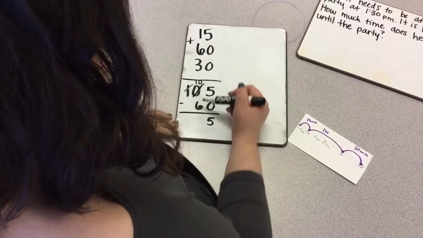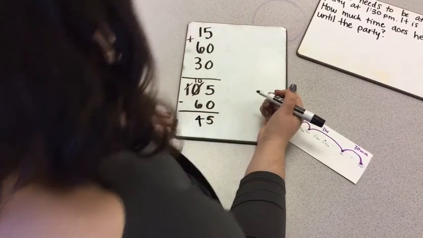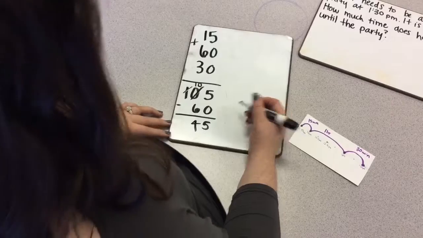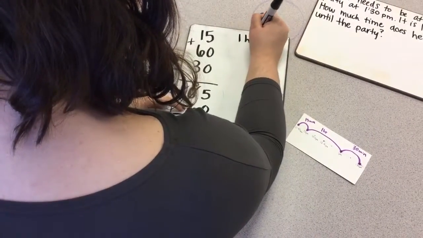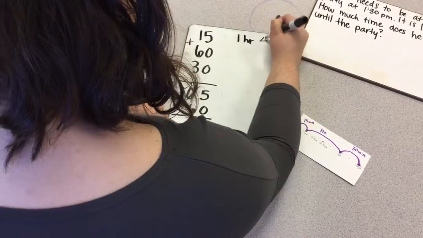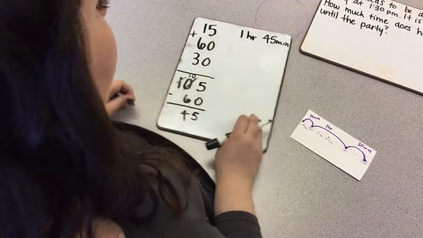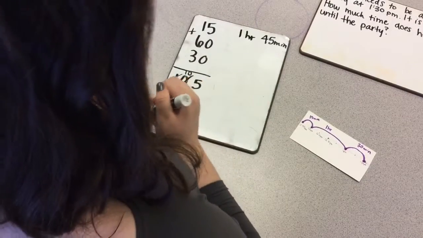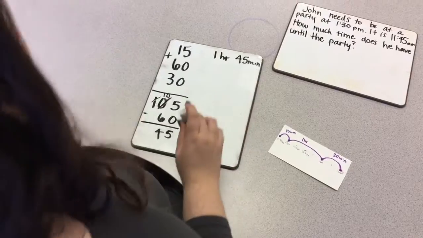So 10 tens minus 6 tens equals 45 minutes. So we had the 60 minutes right here, so we have 1 hour, and then we have the 45 minutes. So our time until the party from 11:45 till 1:30 is 1 hour and 45 minutes.